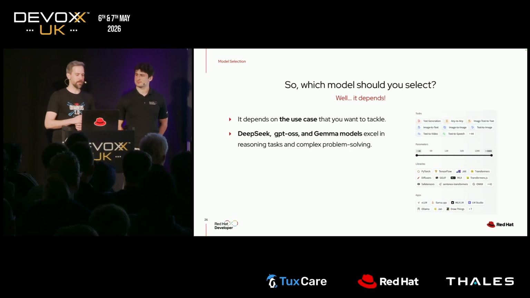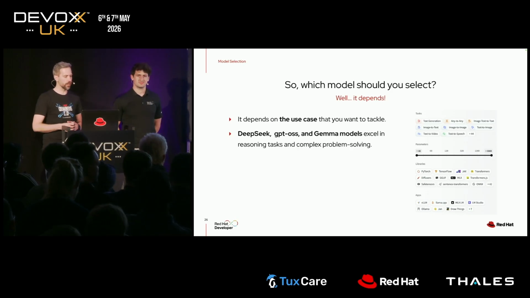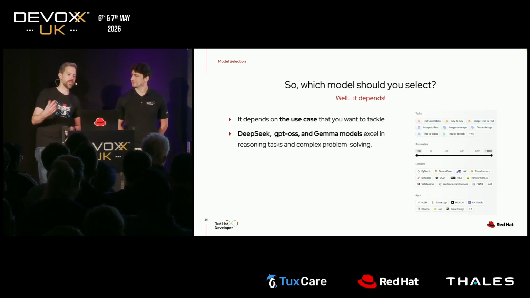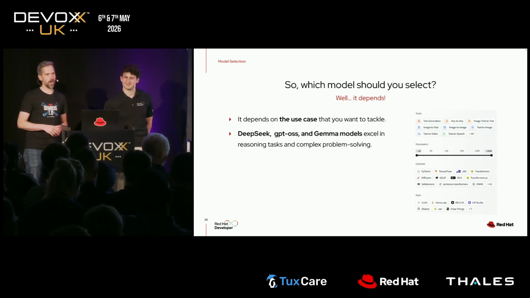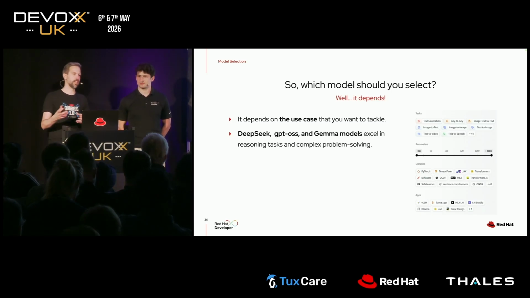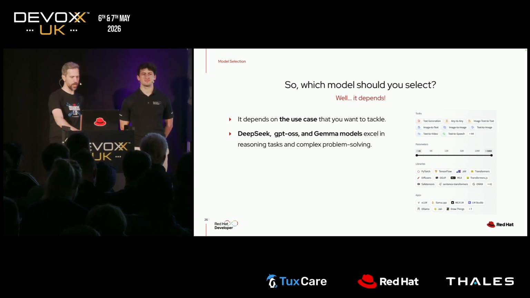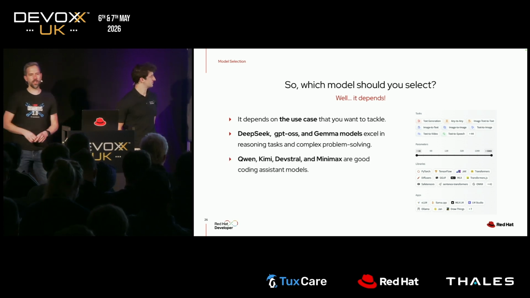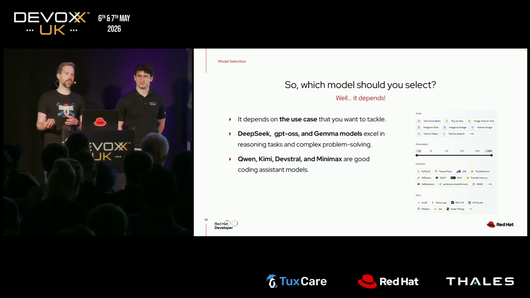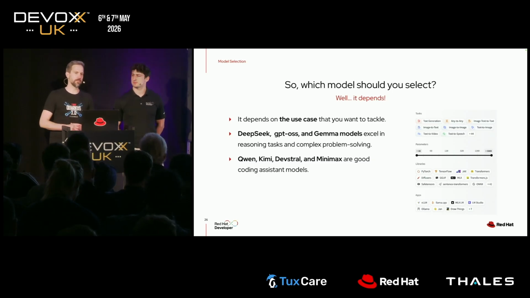But DeepSeek, GPT-OSS, Gemma, those kinds of models are more generalized models, and they're pretty good at reasoning tasks and complex problem solving. So if you want to ask it to do some sort of reasoning or a complicated question, these models are pretty good at that. If you want to use a model for your local code assistant, you want to use a model that is trained specifically for this.